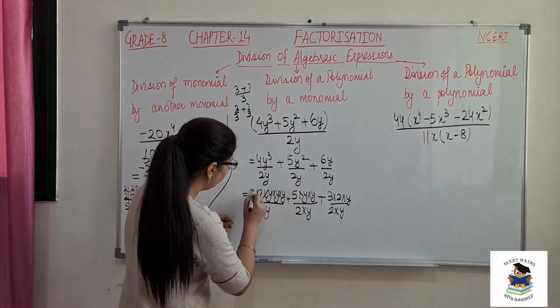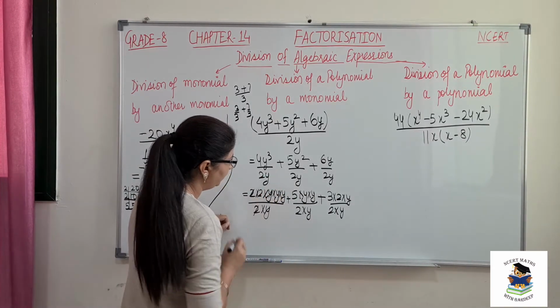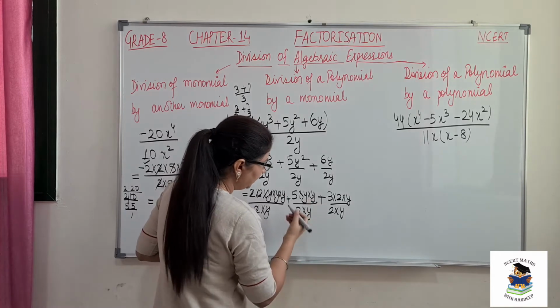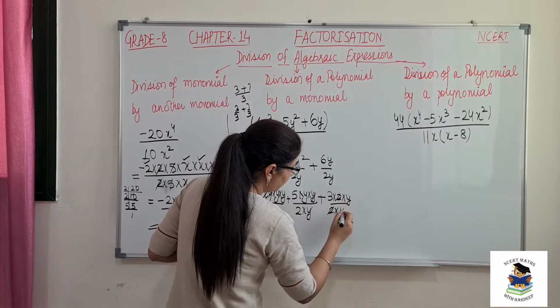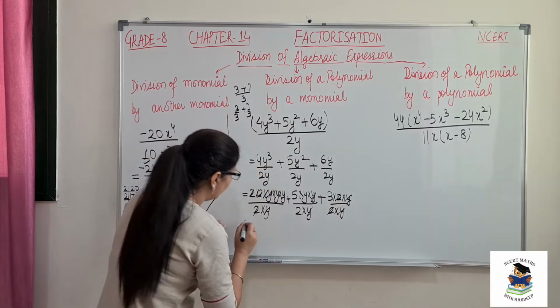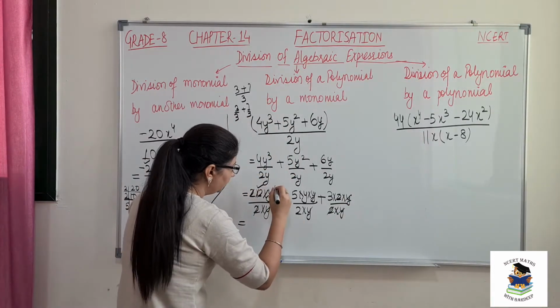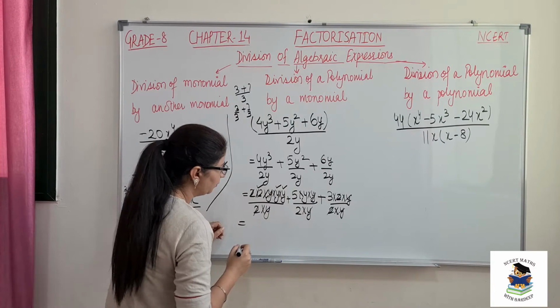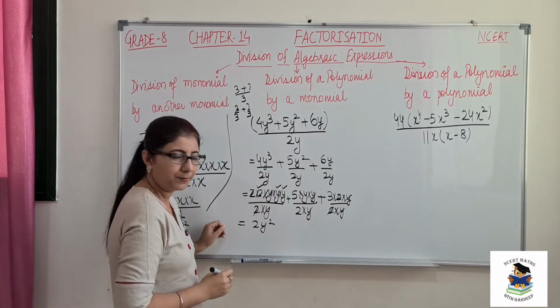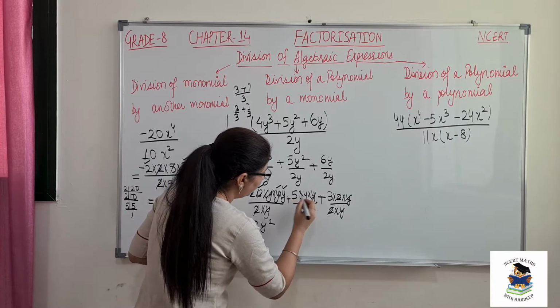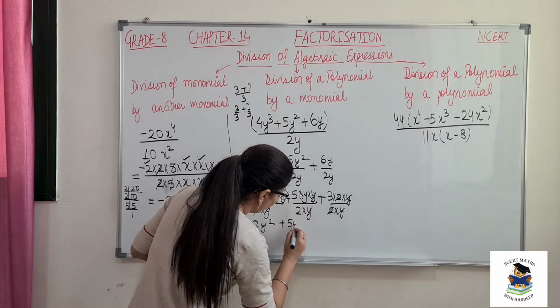So see, 2 and 2 will be cancelled, y and y will be cancelled. Here nothing can be cancelled in numbers, so y and y can be cancelled. This 2 and y can be cancelled. So what is left here? See, 1, 2 is there and 2 times y is there. So it will be 2y square. Okay. Here 5 and y is there, so it will be 5y.